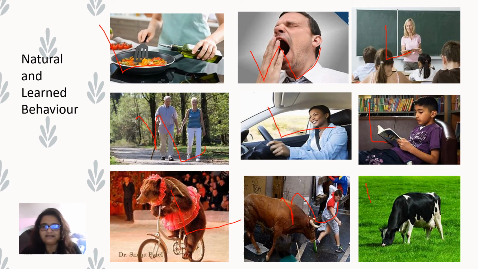And that's why it is a natural behavior. I hope you all must have guessed this right. If you have done it right, then definitely you have understood the difference between the natural and the learned behavior. And what we are going to study in this chapter is all about the learned behavior.